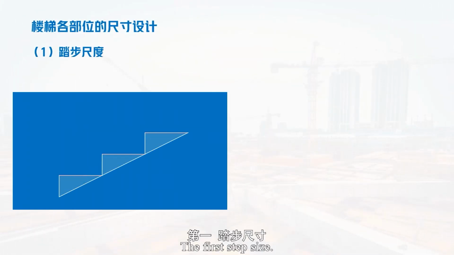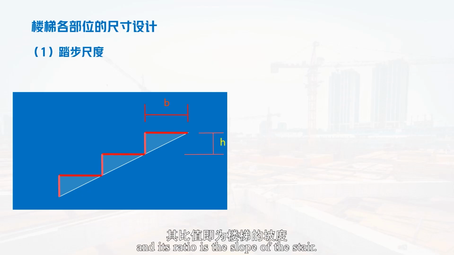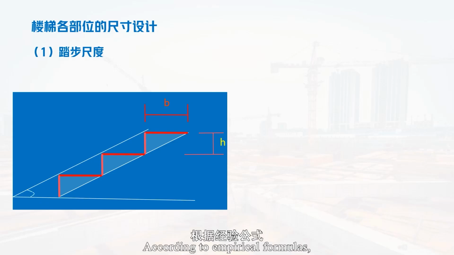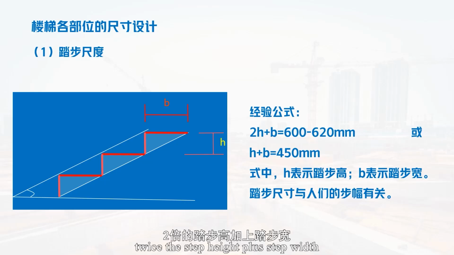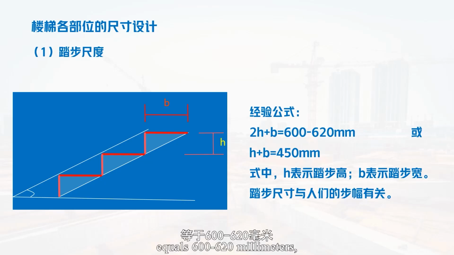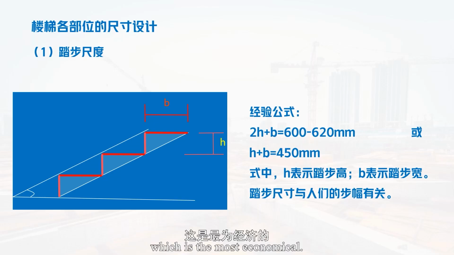The first, step size. The step size includes step width and step height, and its ratio is the slope of the stair. According to empirical formulas, twice the step height plus step width equals 600 to 620 millimeters, or step height plus step width equals 450 millimeters, which is the most economical.